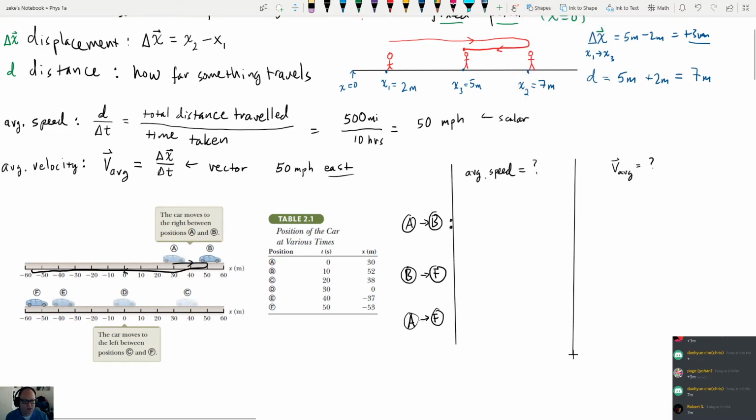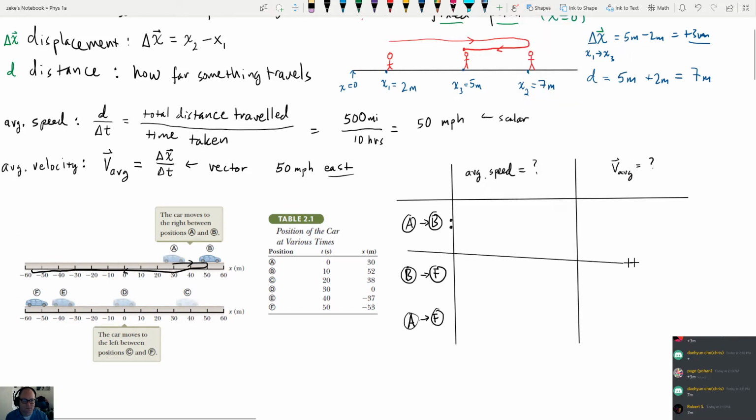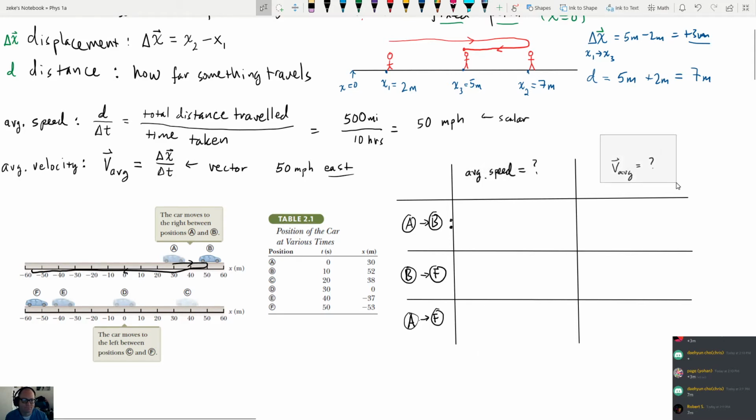Could you all kind of take a minute or two to try to do that? Basically kind of fill out this table right here. Oops, copy paste. For these intervals, I want you to find the average speed and the average velocity. Given this data right here. Can you read this data okay? Do I need to make it bigger?